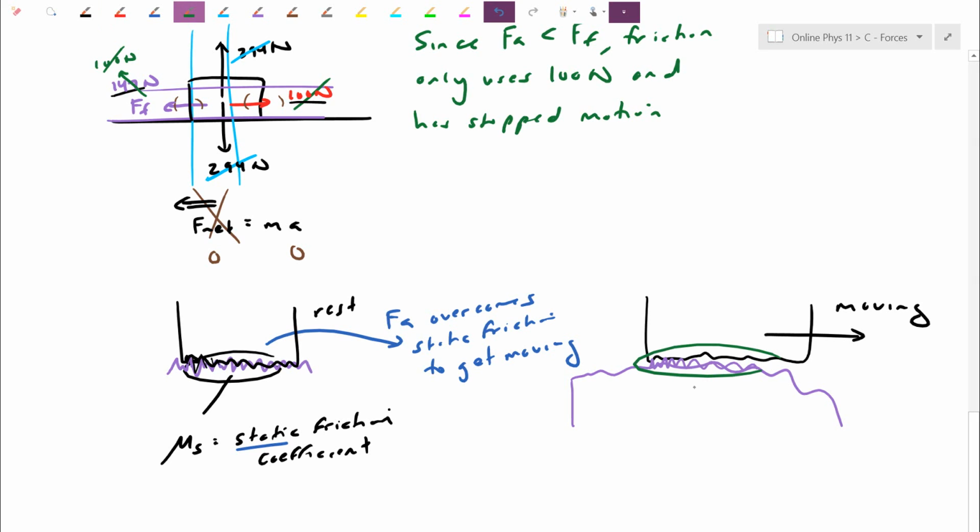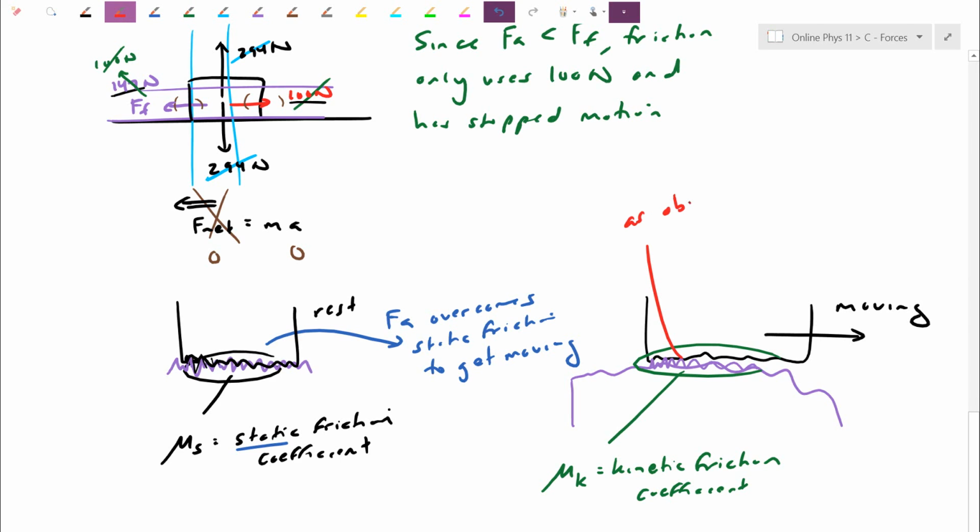In this case, mu again describes how rough the surfaces are. Usually we call this mu k, and mu k is called the kinetic friction coefficient. Let me just write down the words here. As the object is moving, the grooves, the bumpiness on the bottom of the box or the top of the surface, don't interlock as much.